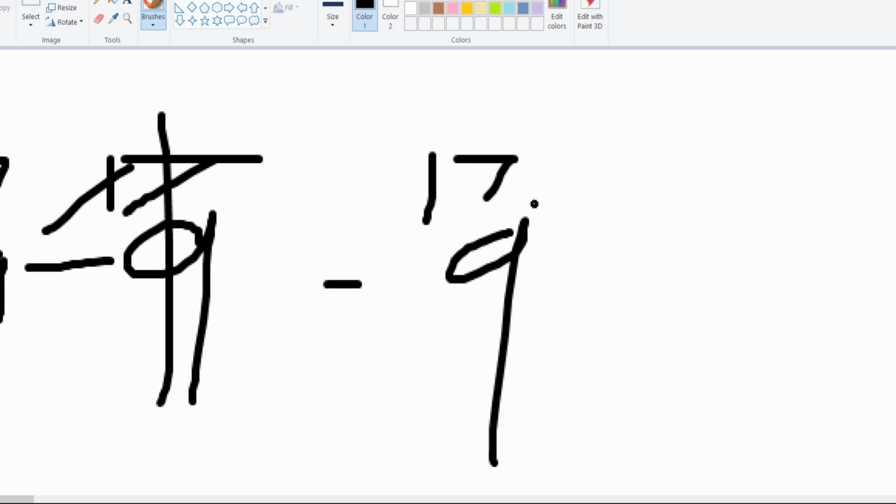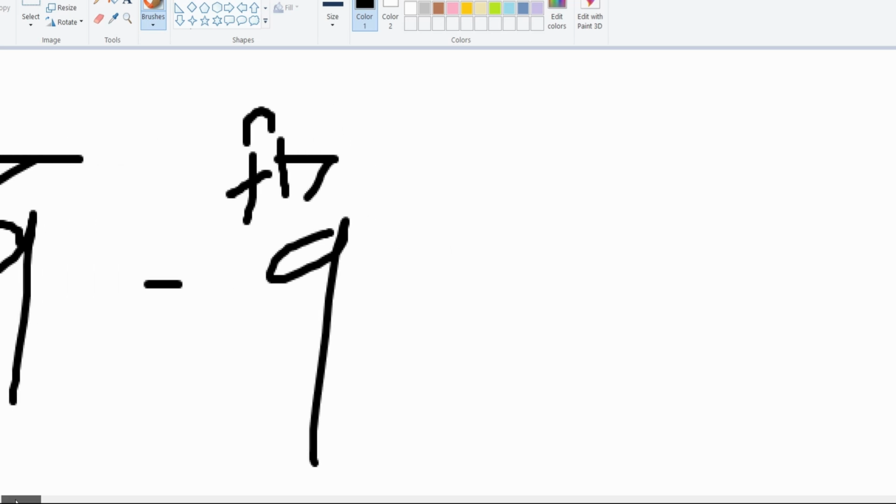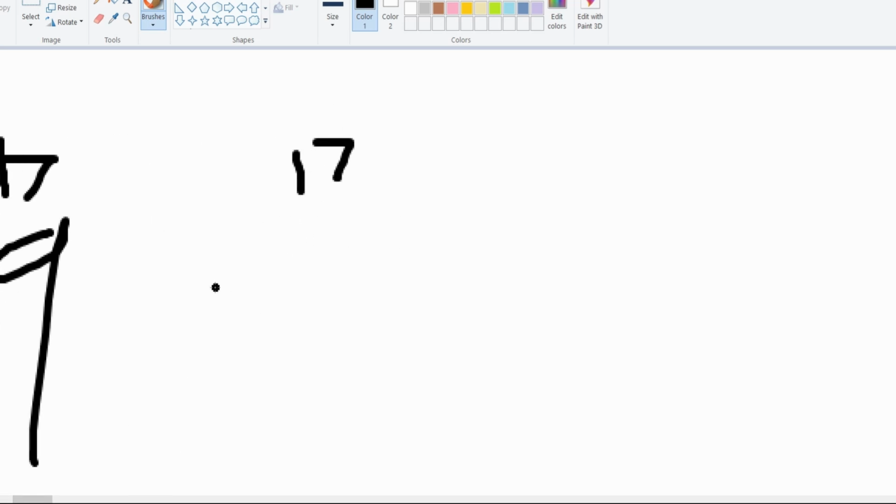To subtract this 9, you're going to need to cross out that 1 there and move it in front of the 7. So now you have 17 minus 9. In order to solve this, we cross out this 1 and move it right in front of that 7.